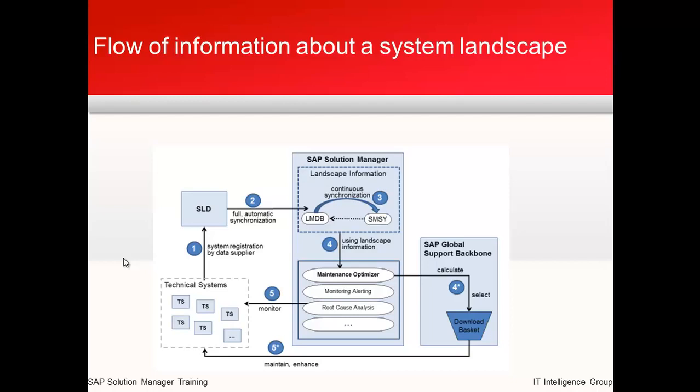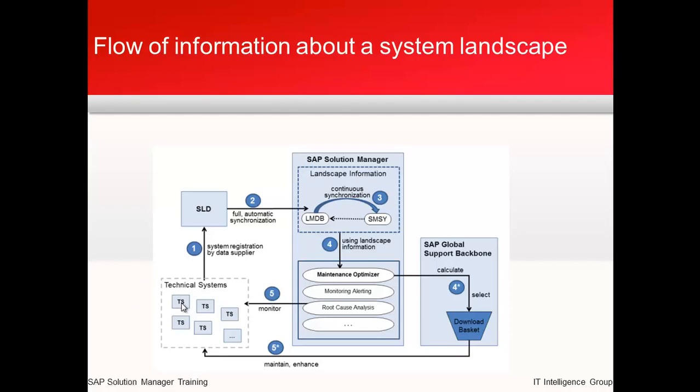So here we are seeing the flow of information about a technical landscape. Basically, the first step is that you need to register a technical component in your system landscape in the central directory. So that is the first step in the cycle. You register the technical systems.